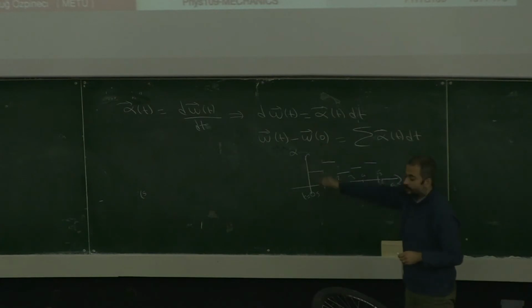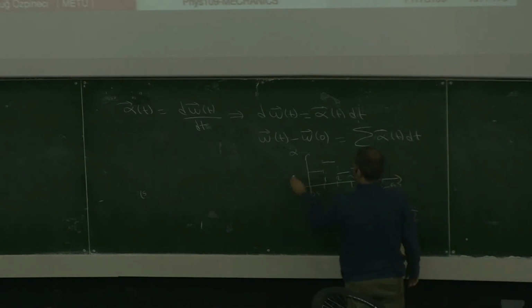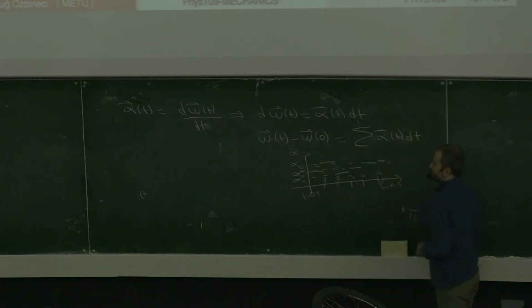Then to calculate the total change, what we need to do is, let me just call this alpha 1, alpha 2, alpha 3, alpha 4, alpha 5.